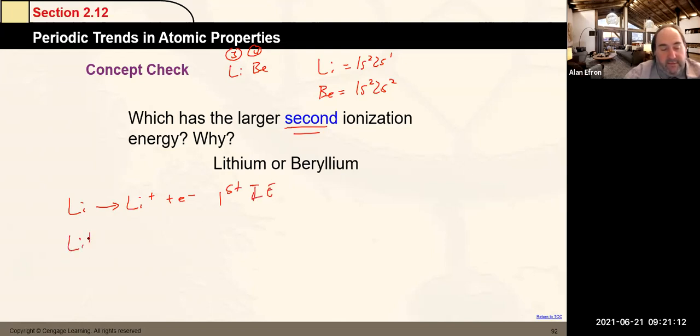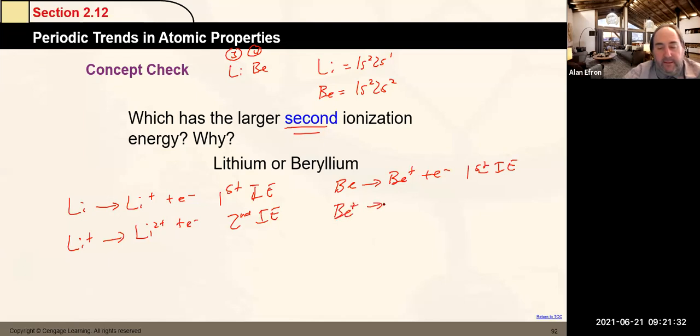Then lithium with a +1 charge would lose a second electron, which is the second ionization energy. As opposed to beryllium, which would lose 1 electron, the first ionization energy, and then a second electron, our second ionization energy.